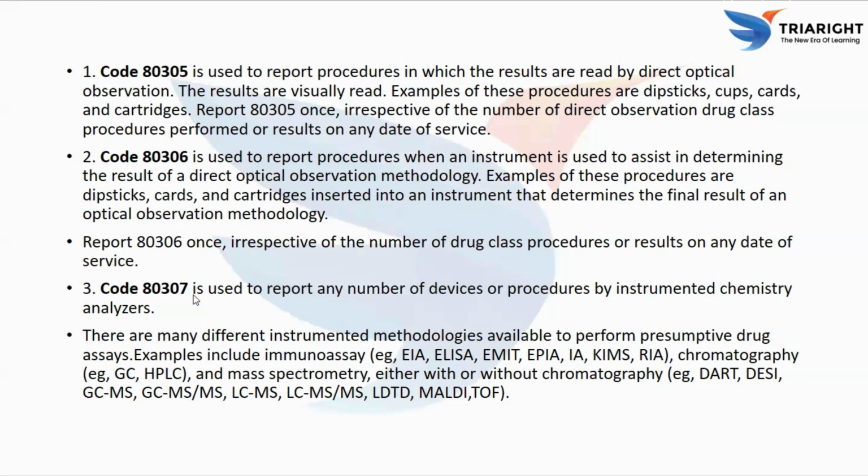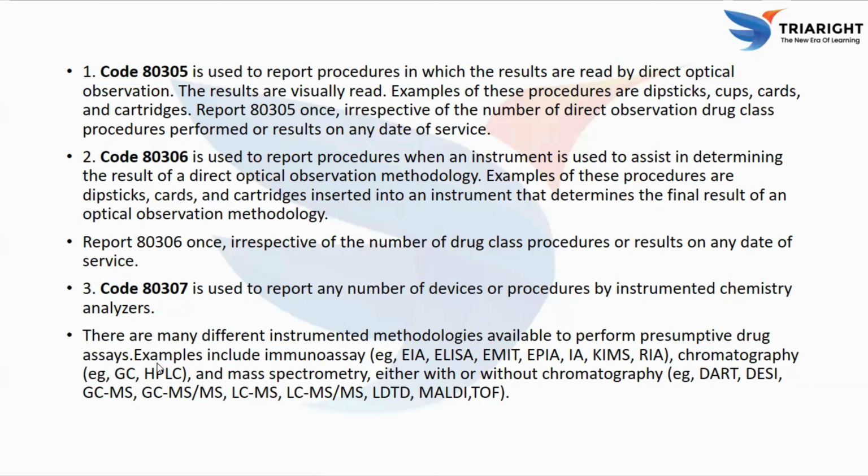And code 80307 is for instrumented chemistry analyzer, which is an advanced screening method. So this uses laboratory analyzers and chemistry methods, which are more complex and more accurate than cups or dipsticks. So what are the methods included in code 80307? These involve biochemical or chemical lab technology. So the immunoassay methods like EIA, ELISA, EMIT, KIMS, RIA are included here.